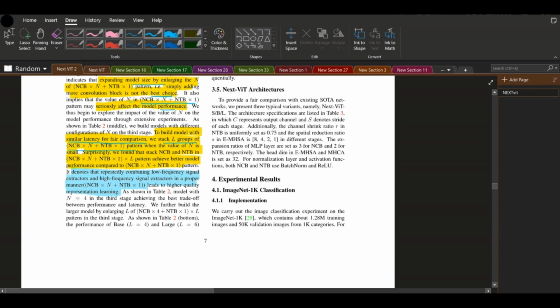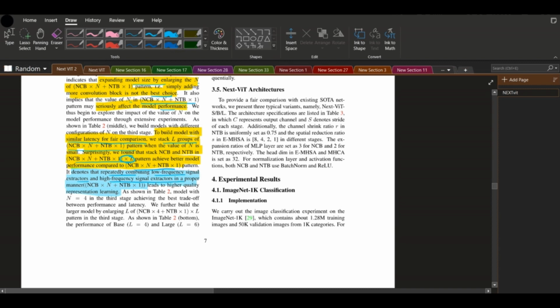So we found that the convolutional block and the transformer block in this pattern achieve better performance compared to this. So what they are saying here is that having this level, I call it level, we can achieve better performance. And this is because they are repetitively combining low frequency signal extractors and high frequency signal extractors.